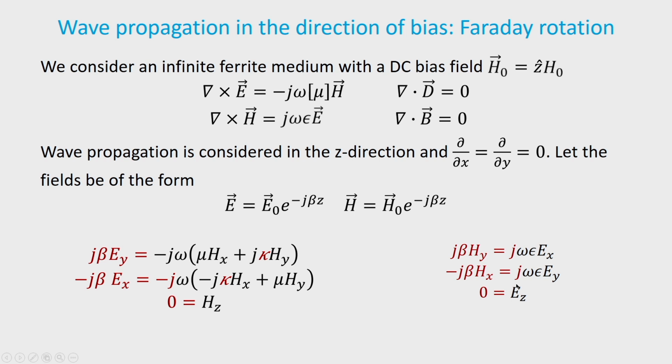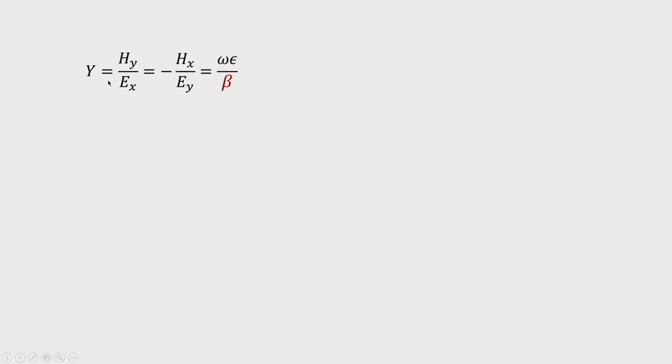Similarly, minus H_x by E_y is also omega epsilon by beta. So, we write Y equal to H_y by E_x, which is equal to minus H_x by E_y, which is equal to omega epsilon by beta.